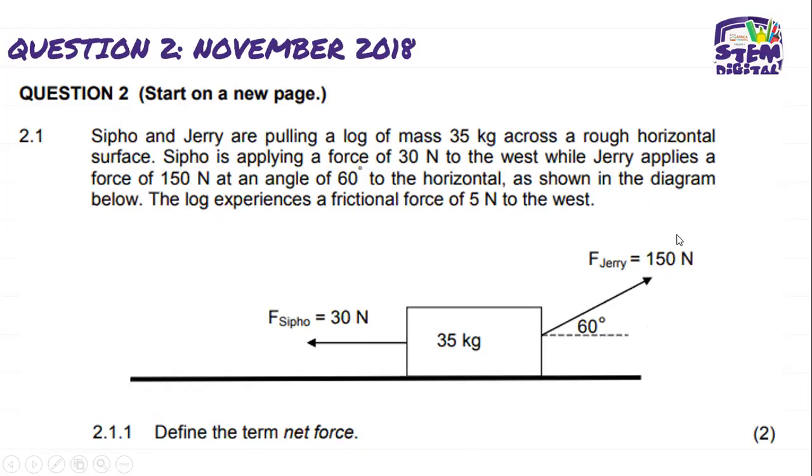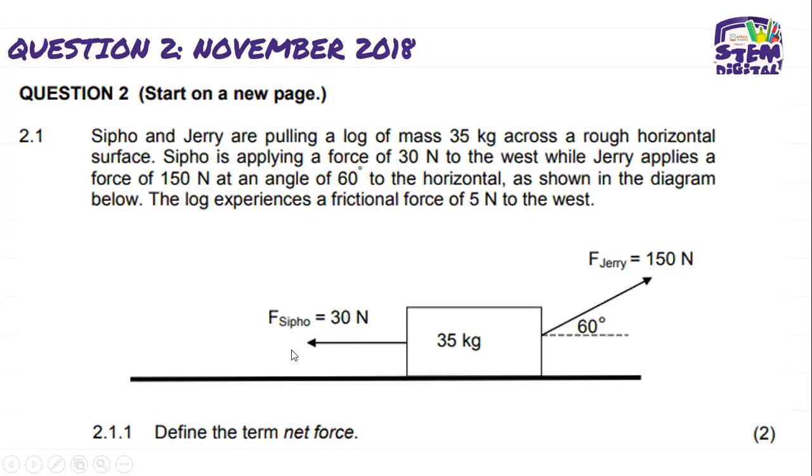Now, what are the forces that are acting horizontally? The force that SIPO is applying, which is 30 newtons to the west, not left, and the frictional force in the western direction.